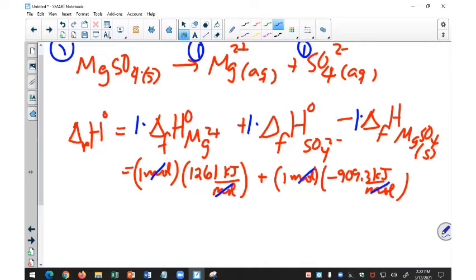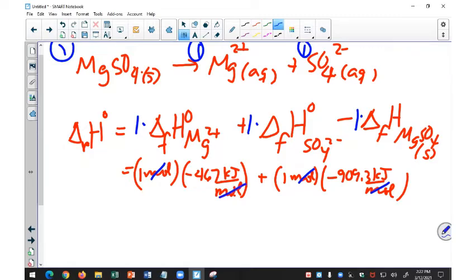Okay, magnesium ion is negative 467 kilojoules per mole. So moles cancel out.